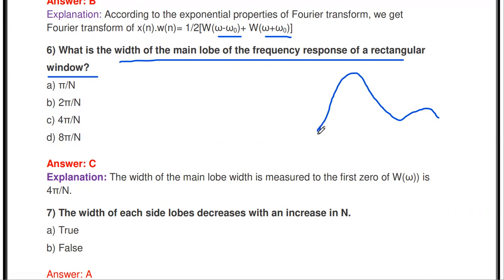The main lobe is the lobe in the center, at omega equal to 0, where we get the maximum. What is the width of this main lobe for the rectangular window? The main lobe width of the rectangular window is 4 pi by N. This is the standard answer.